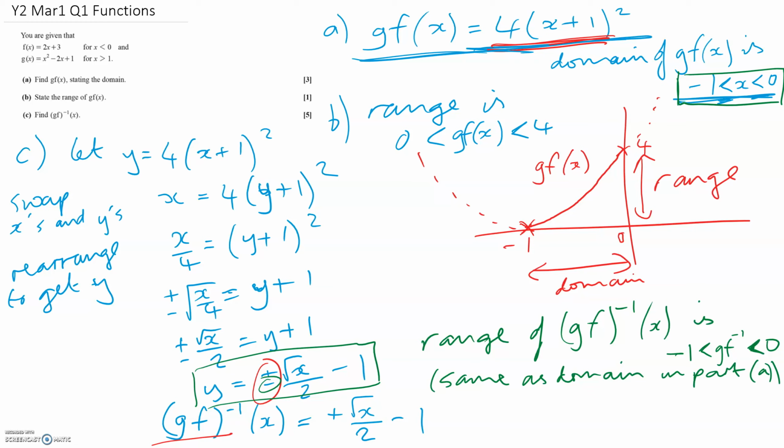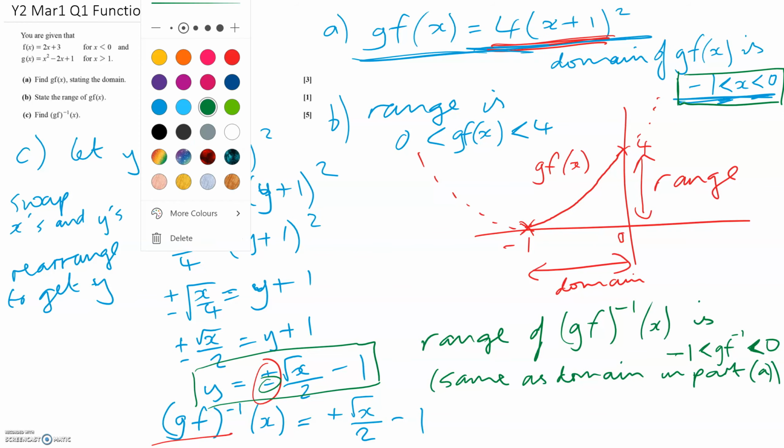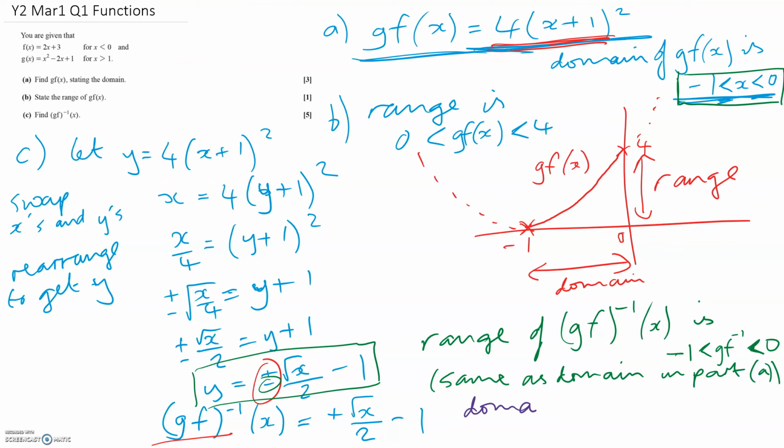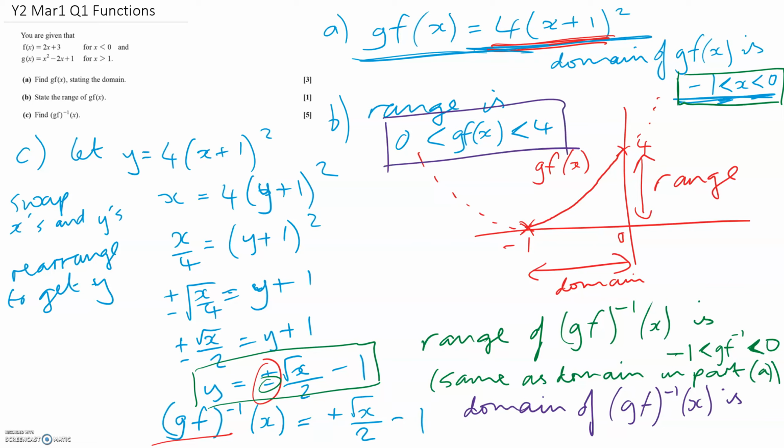It doesn't actually ask us what the domain is, but often in these questions it does. If we wanted the domain of the inverse function, it is the same as the range of the original function, which was up here.